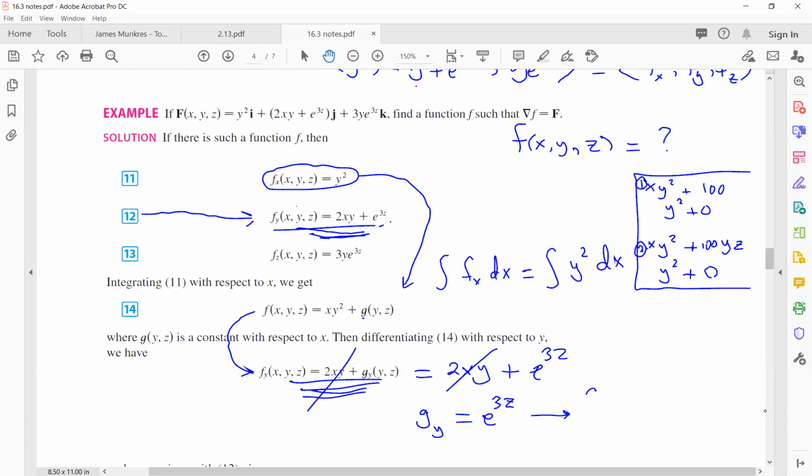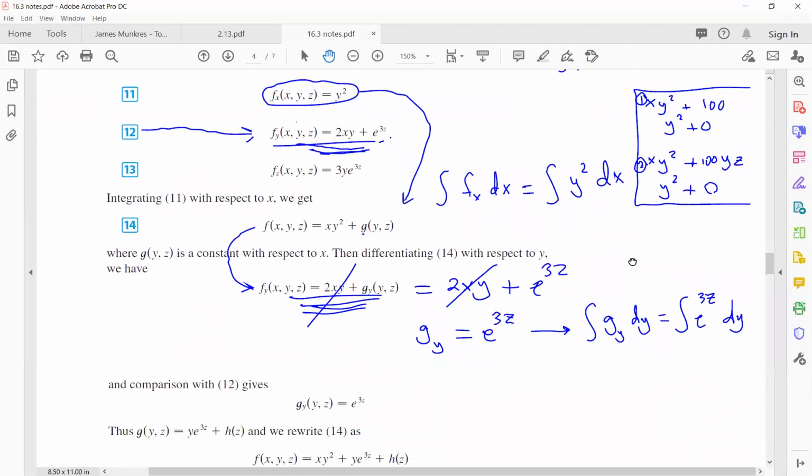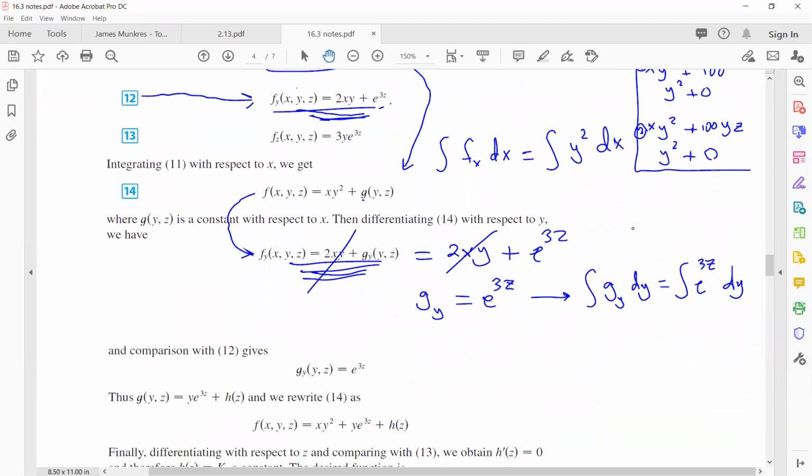So if you take the integral with respect to y, they are also equal to each other. The integral and the partial derivative cancel out each other, so you get g of y and z equals e to 3z plus the constant of integration, which is an unknown function in z.